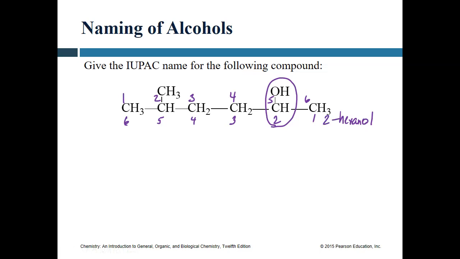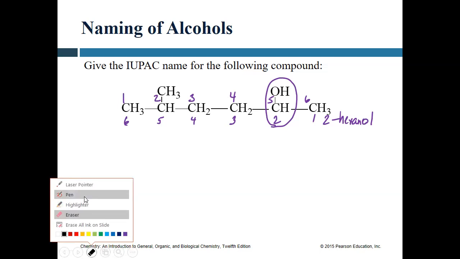Now, if I didn't have anything else, that's where we would stop. We would call this 2-hexanol. We'd go on with our day. Since we know that we have this other group there, though, we need to name it as well.